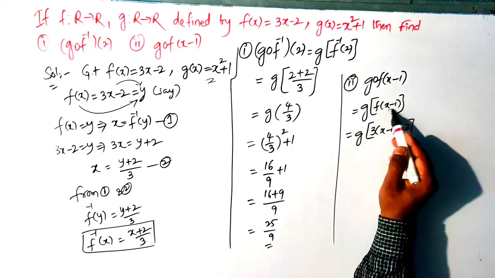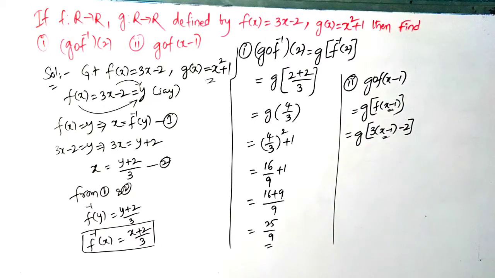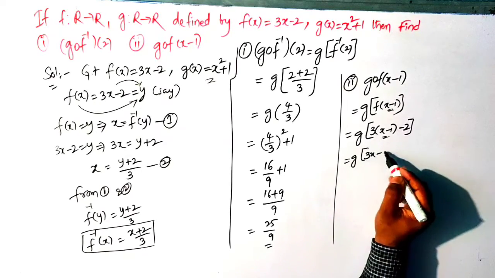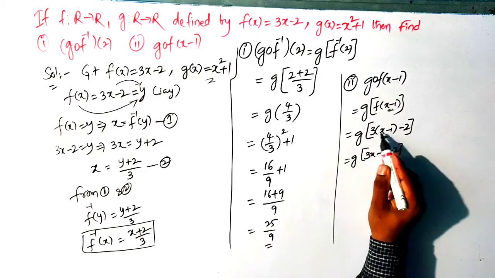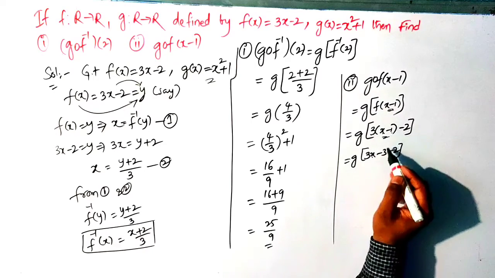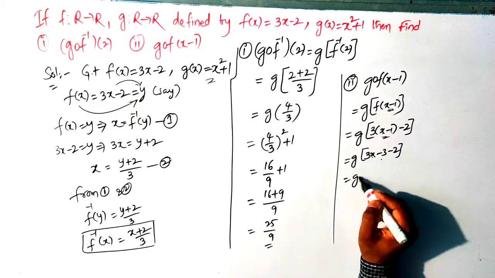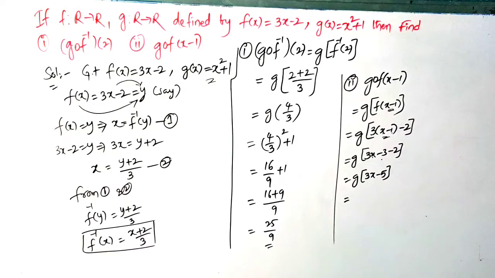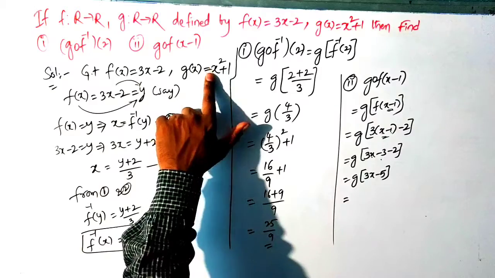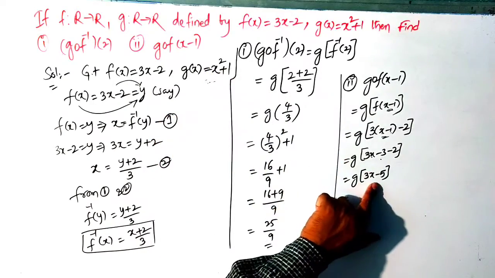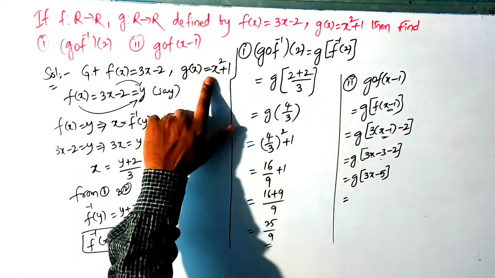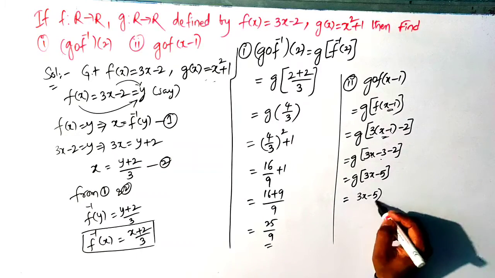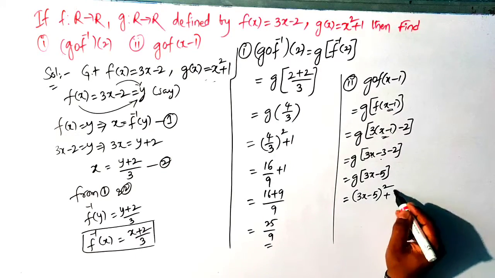Clear? So in place of x we substitute x minus 1. So g of 3x minus 3 minus 2. 3 into x is 3x, 3 into minus 1 is minus 3. So g of 3x minus 5 we get here. The g of x value is given here, that is x square plus 1. In place of x we substitute 3x minus 5. We get 3x minus 5 whole square plus 1.